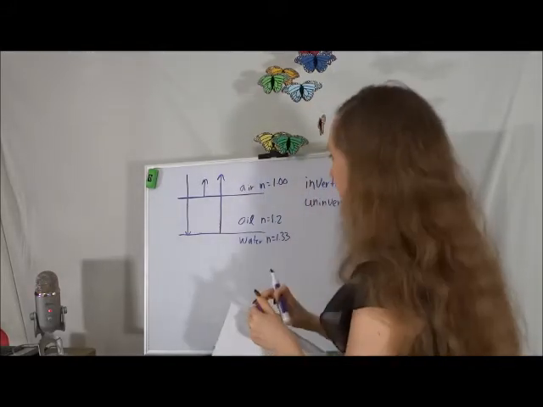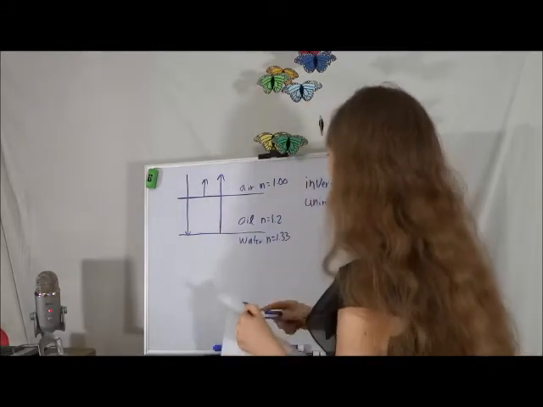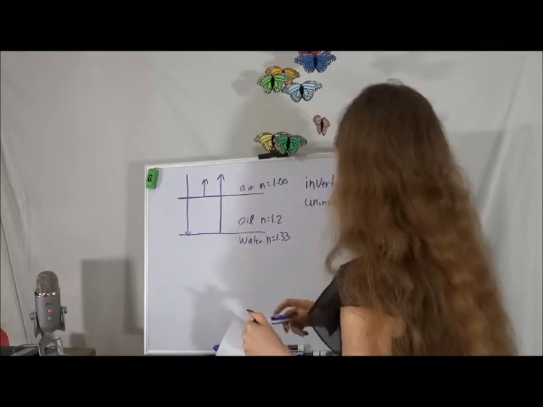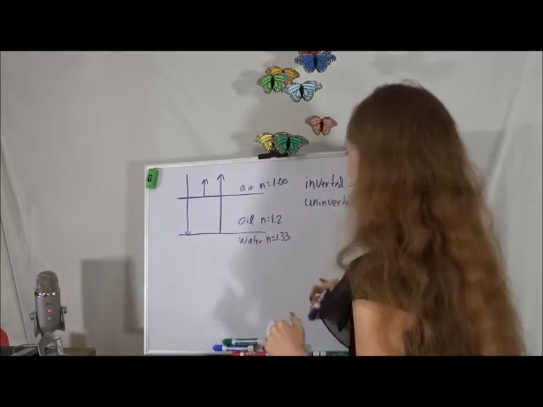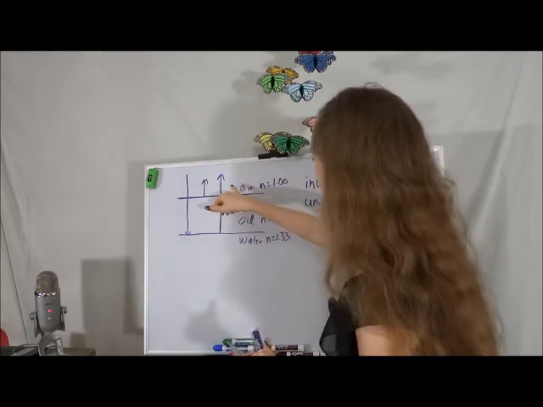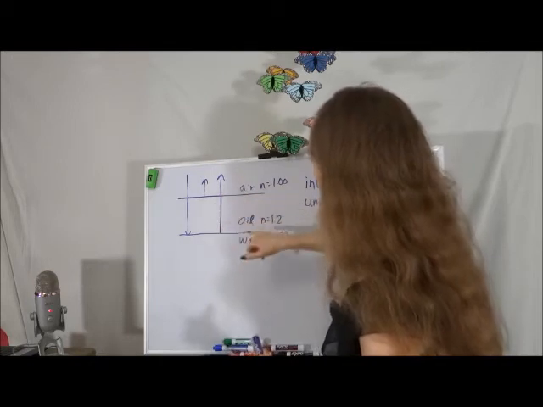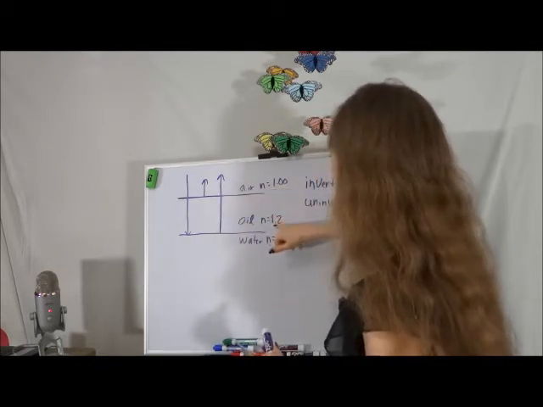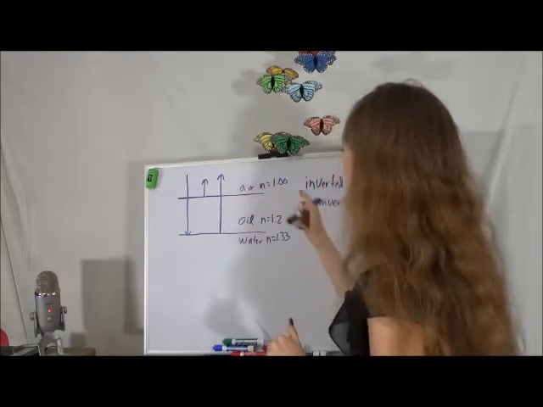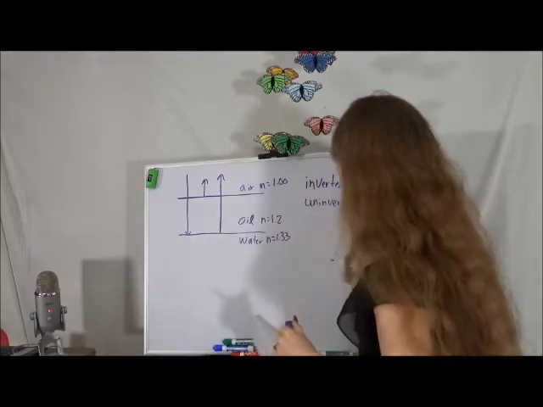So we're going to look at each of these two situations, going from air to oil and then from oil to water, and see whether we're inverted or uninverted. When we're going from air to oil, this index of refraction is lower than this one, so we're going low to high. So air to oil is going to be inverted.